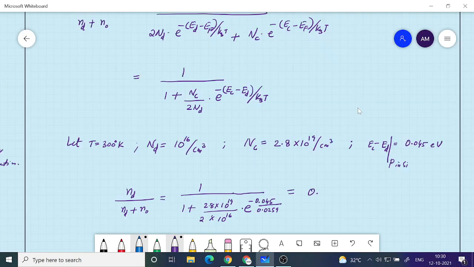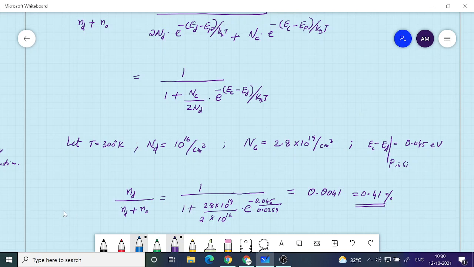So this is already 1000, and 1000 will be divided by 1 by 7 roughly, but it is reasonably larger. It is something like 150, it will come around. So 1 divided by 150, around that it will come, so this is equal to 0.41 percent, which is very, very small.